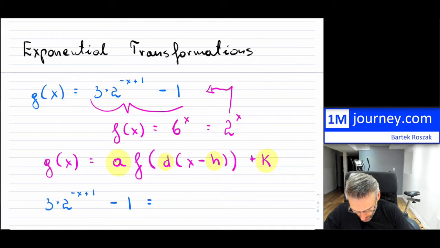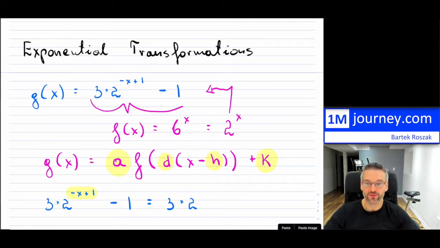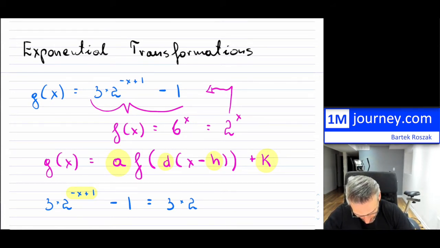So first of all, my a is rather easy to identify because I have a 3 in front. Now I have 2, and then the exponent itself, negative x plus 1. So I'm going to take out the negative. Notice that you do have to be careful here in the exponent, because you don't want to say that d is actually negative 1 there.